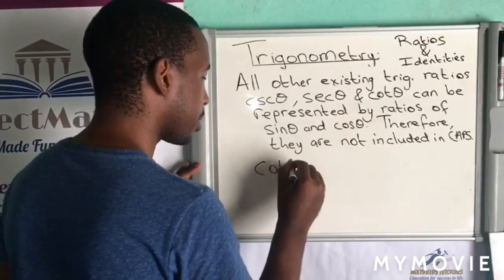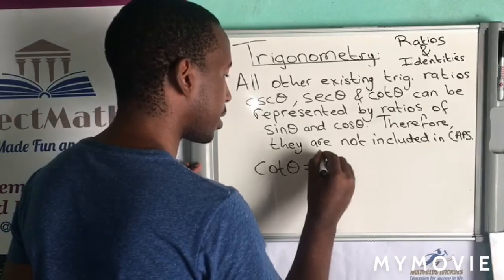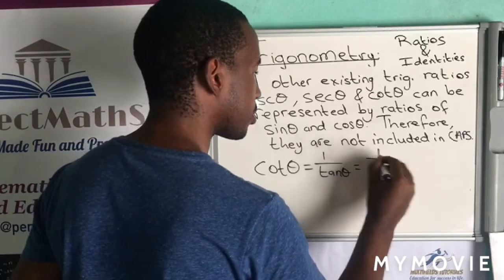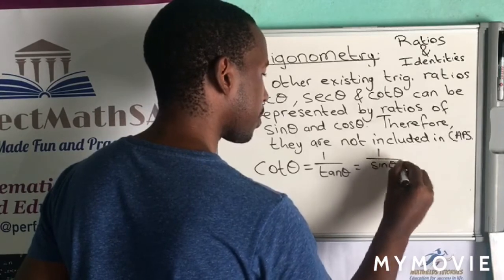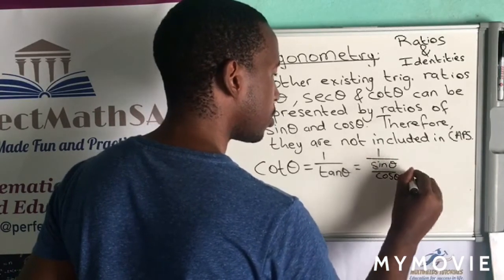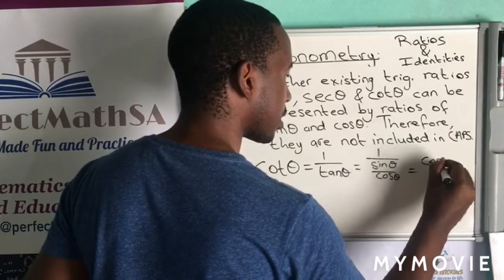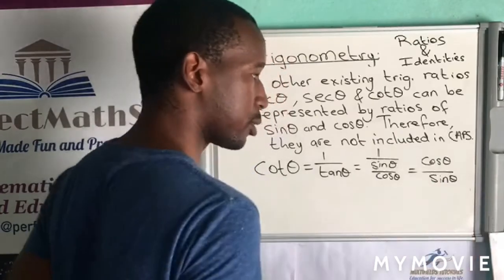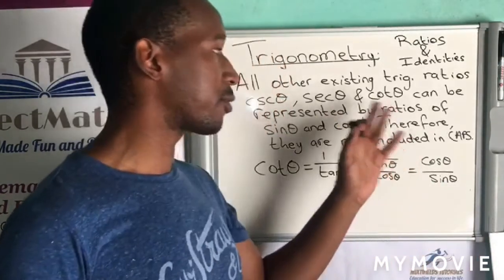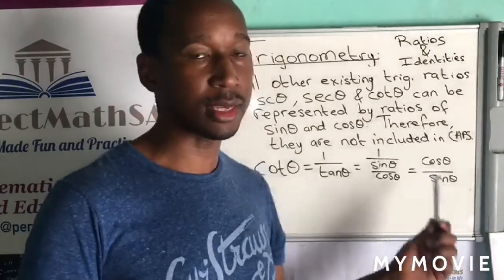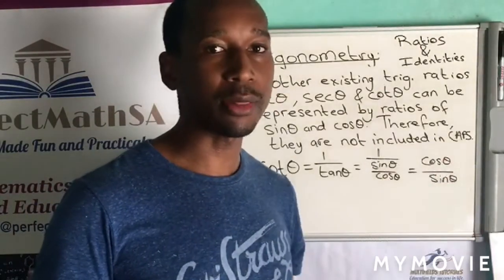Cot of theta is defined as 1 over tangent theta. But this is nothing but 1 over sine theta divided by cosine theta, by the definition of tangent, which is actually equal to cos theta divided by sine theta. So therefore, we can represent each and every one of those ratios as sine theta and cosine theta, or ratios of sine theta and cosine theta. So don't worry about them at all.